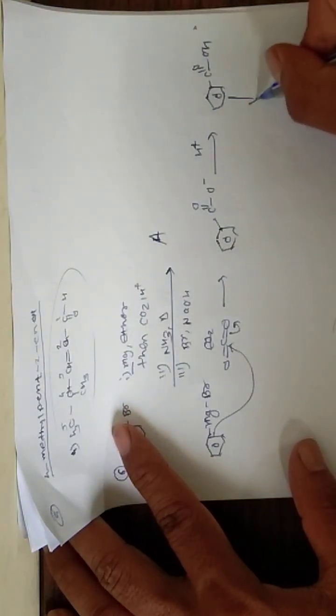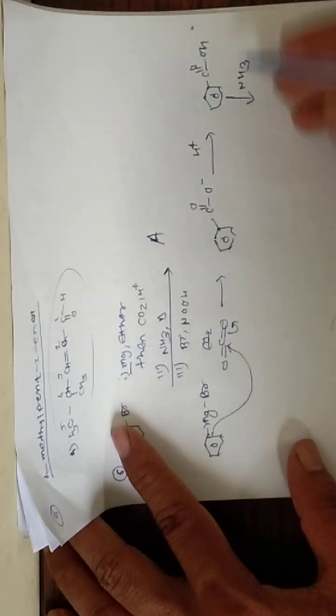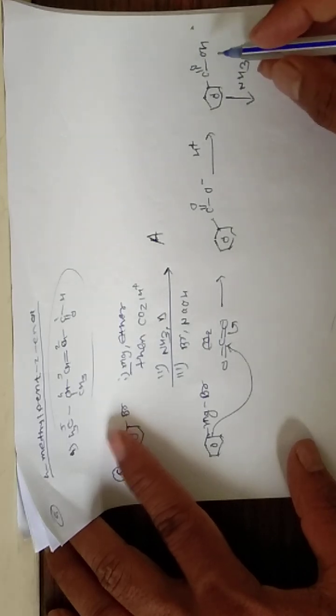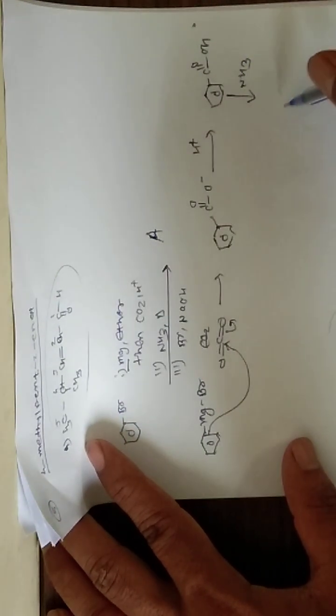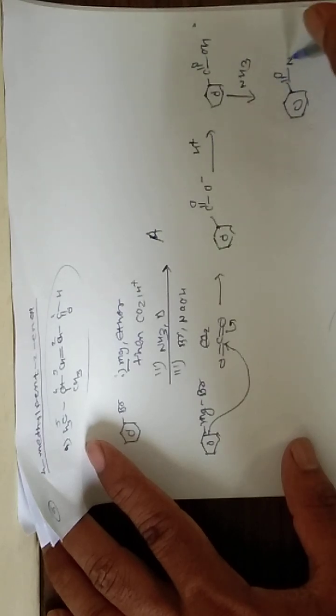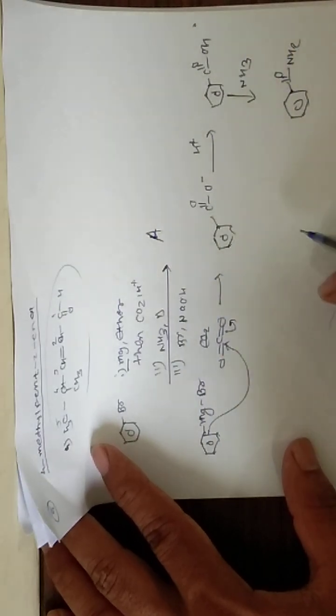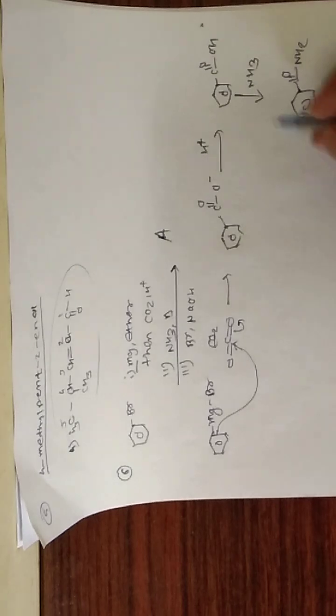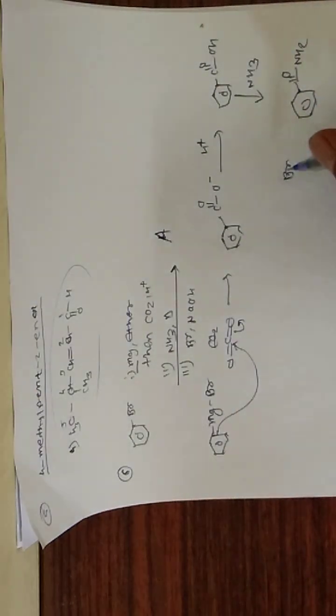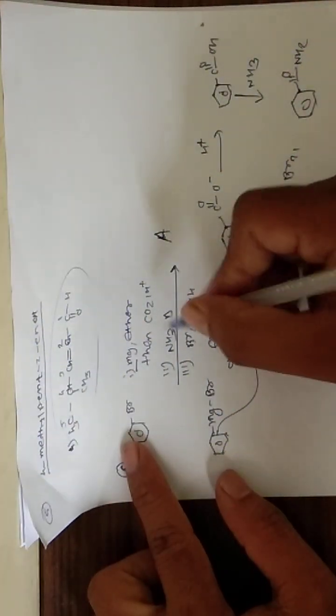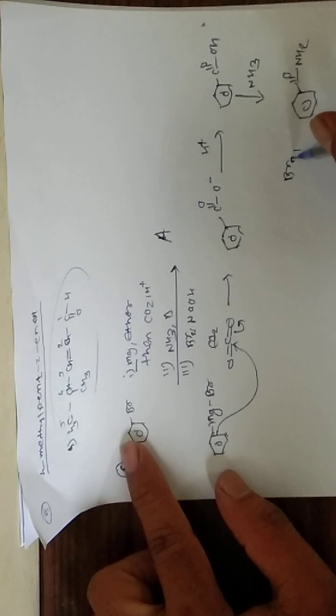Now after reacting with NH3, what will be the reaction of benzoic acid with ammonia? What will be the product? Amide. Amide will be formed. Then one of the famous name reactions is, can you tell me the name of that reaction?